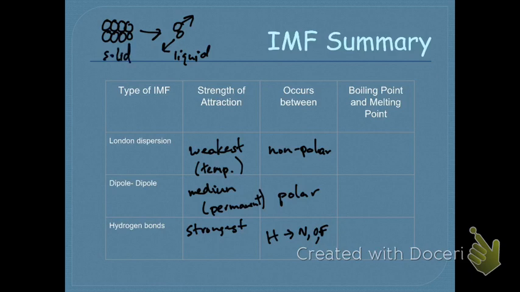And so if you had a weak IMF, it wouldn't take much energy to weaken the IMF in order to allow the particles to start moving. So in that case, they'll have a lower boiling and melting point. Why? Because they're not as strongly attracted to each other, so it's easier to break apart, so then the particles can start moving. So your hydrogen bonds should have your highest, and this is medium.